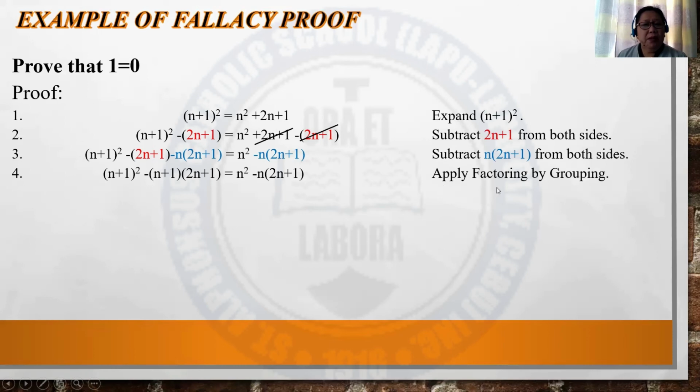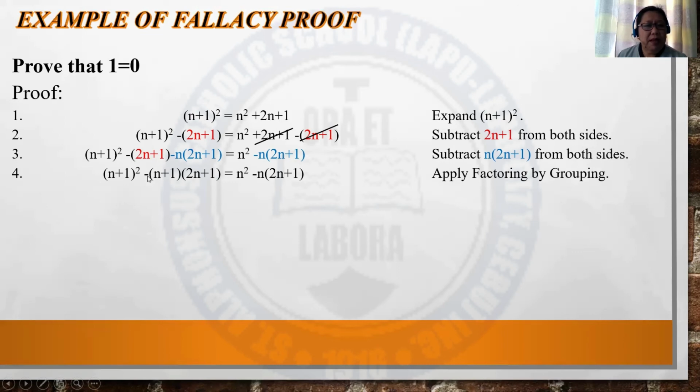So you can apply factoring by grouping in this part. 2n plus 1 is common. So you write there 2n plus 1. Then negative, you can have n, and the numerical coefficient here is 1. So you can have n plus 1.